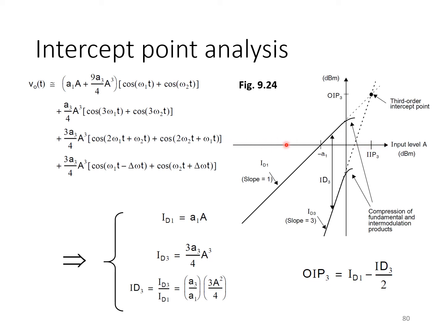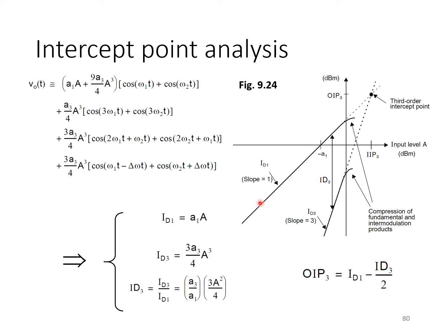And as we do so, we move from left to right across the x-axis on this plot. And on the y-axis, we're going to plot the amplitude of the fundamental tone observed at the output, or tones in the case of two-tone input. And we make a second plot that is the amplitude of the third order harmonics for a single tone input, or the intermodulation products for a two-tone input.